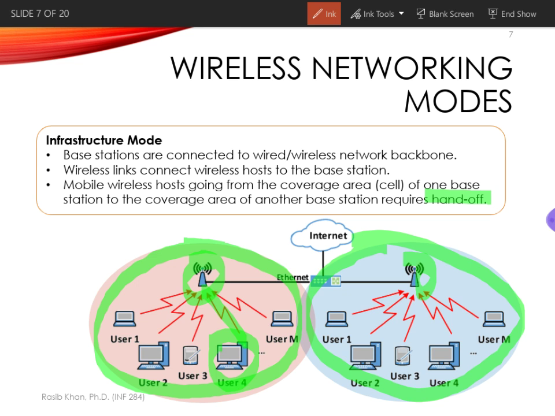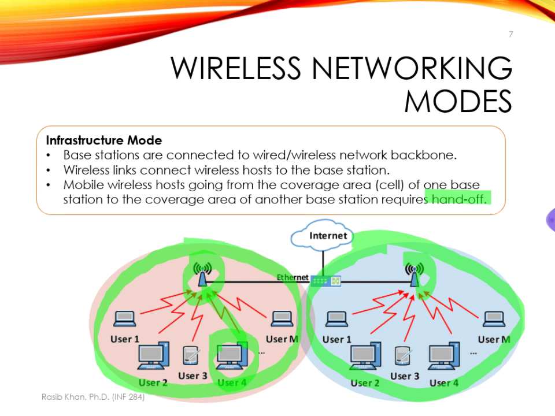It then needs to be connected to the other access point. And this overall protocol, where the user is disconnected from one access point and then reconnected to the other, is called handoff between the two access points.